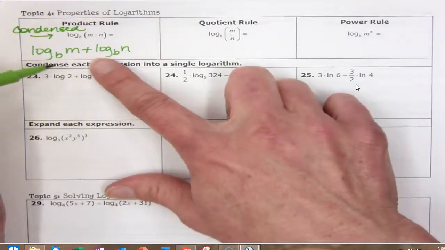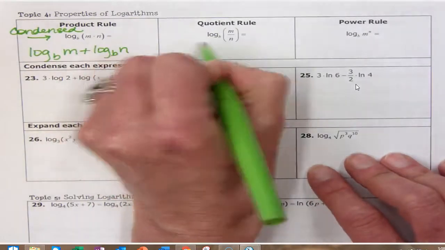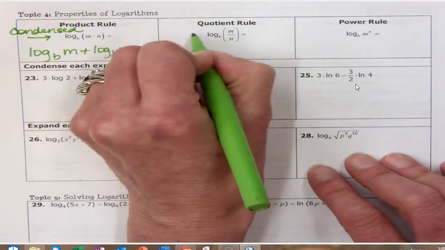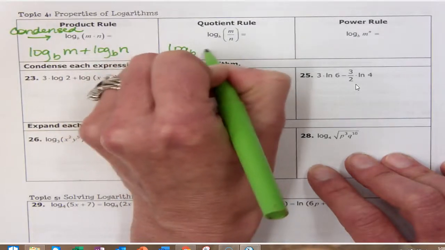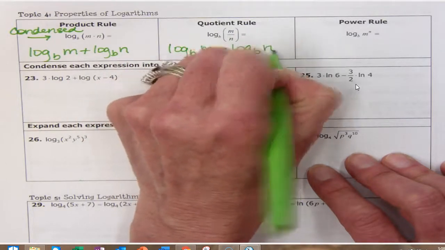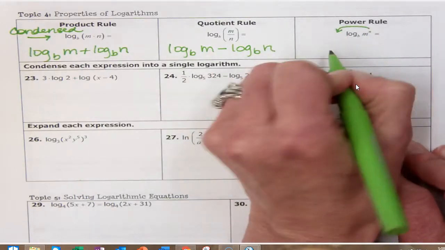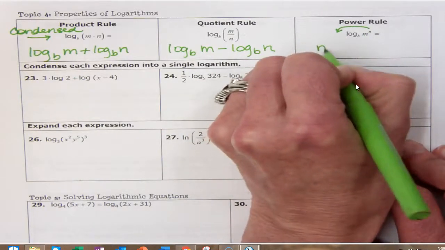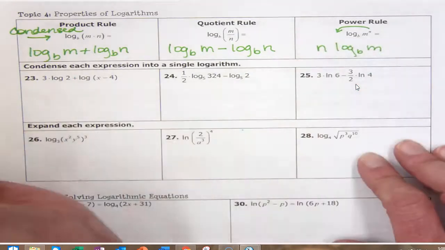Generally, you're going from the expanded version to the condensed version. Now the expanded version of the quotient rule is log base b of m minus log base b of n. And your power rule is going to be n log base b of m.